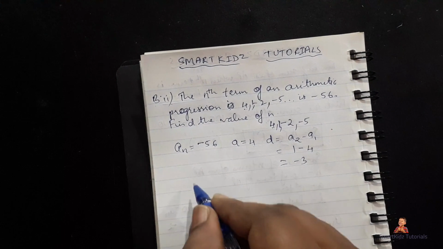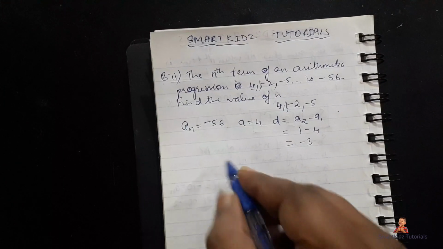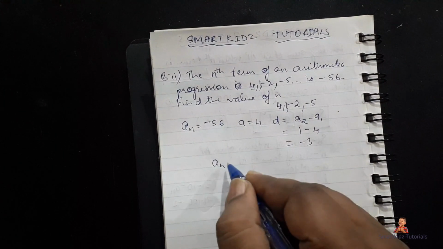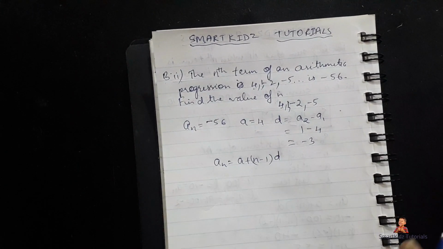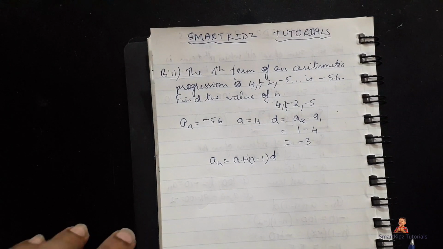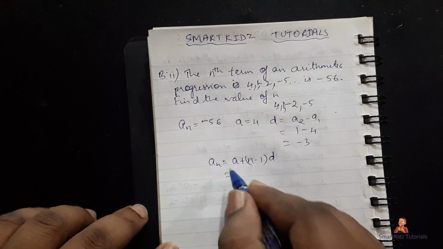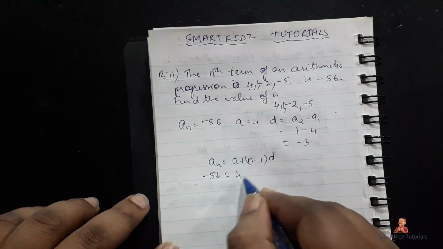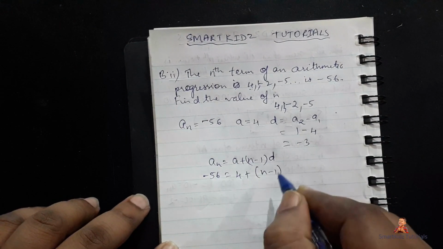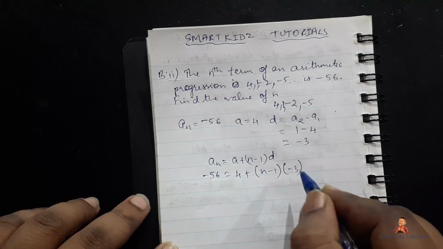So 1 minus 4, we get -3 as our answer. We will use the general form of an arithmetic progression, that is an equal to a plus (n minus 1) into d. Instead of an we'll put -56, instead of a we'll put 4, n is what we need to find out, and d will be -3.